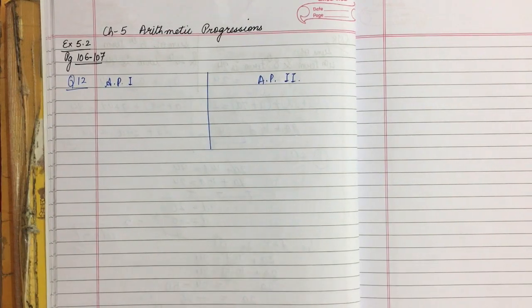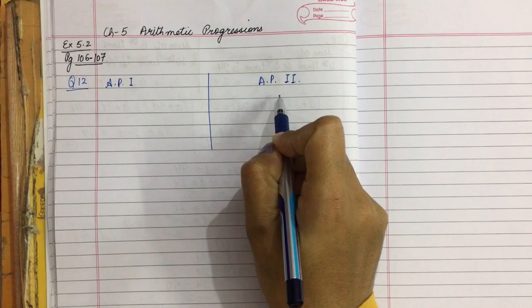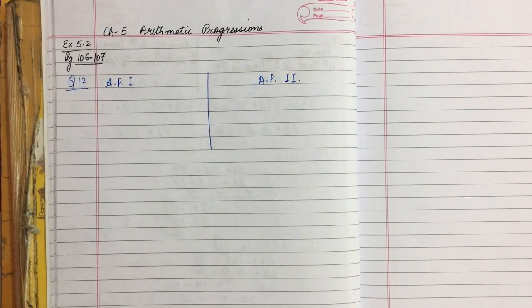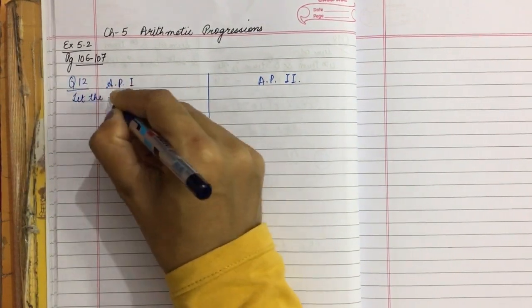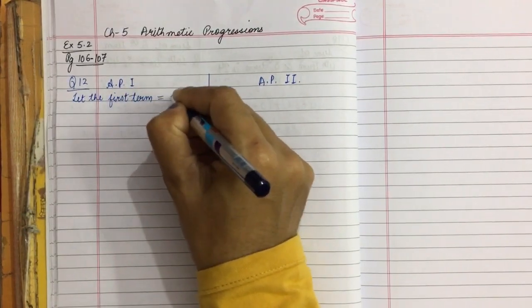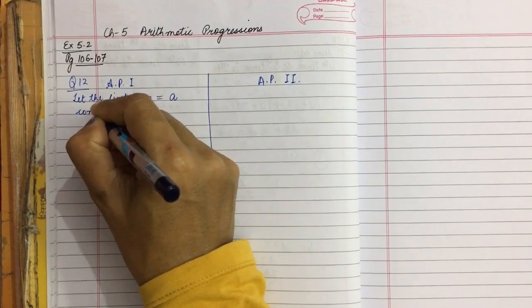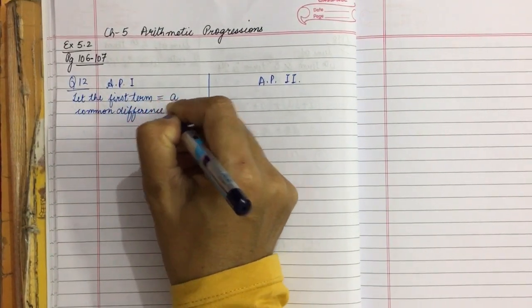I'm writing this side by side. I've got the first arithmetic progression and the second arithmetic progression. Since we have two different arithmetic progressions, I'm going to represent them in different ways. So for the first arithmetic progression, let the first term be a and the common difference be d.